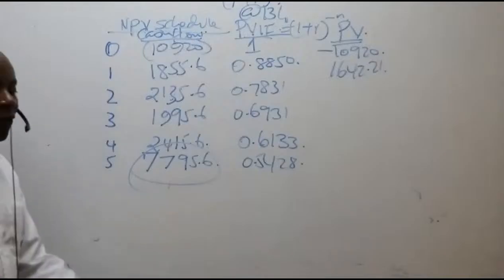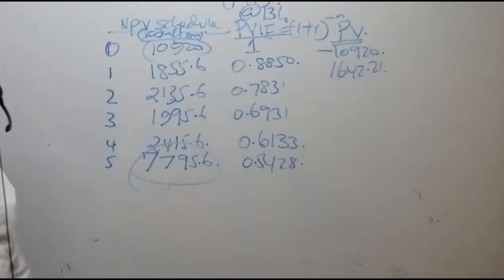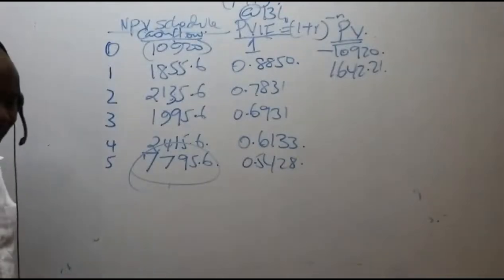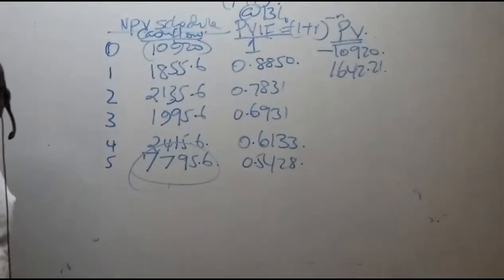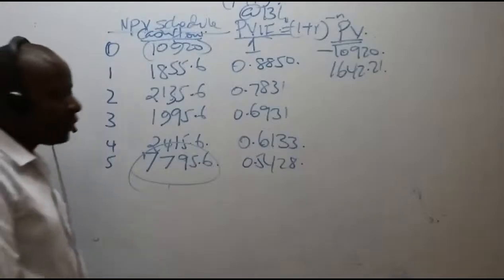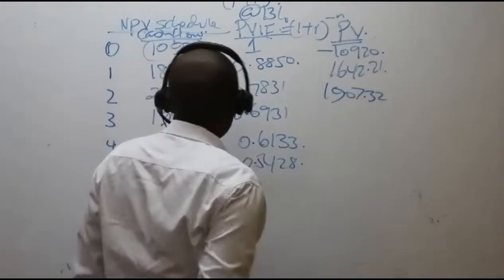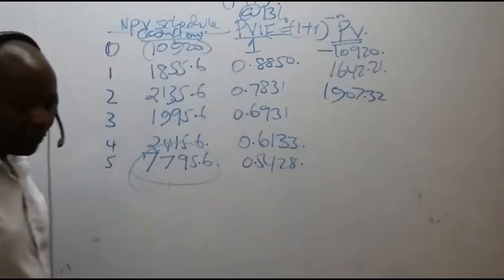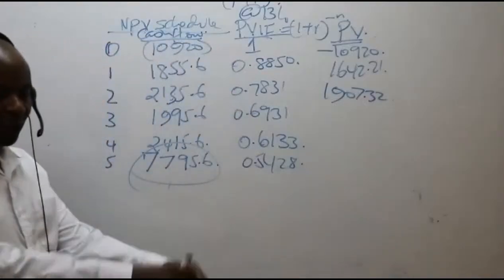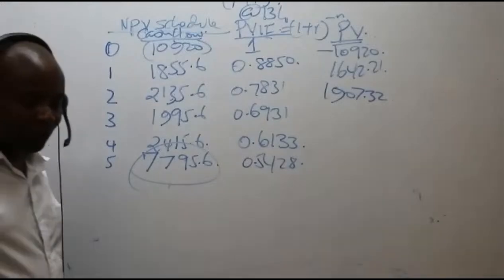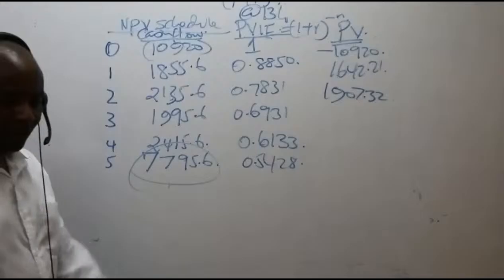Please go to the third figure. What do we have in the third figure? 1907.32. Go to the fourth figure. What do we have? Somebody there.